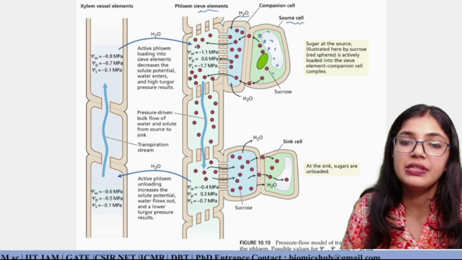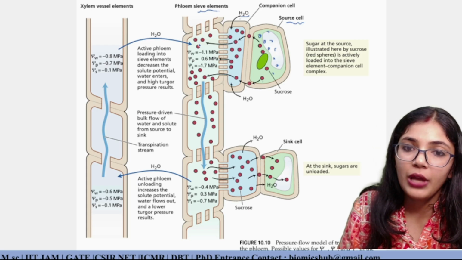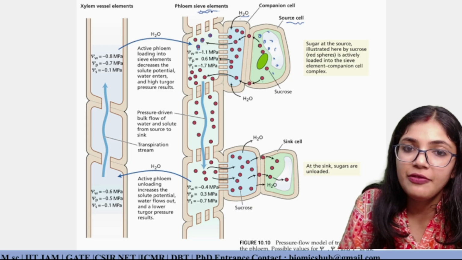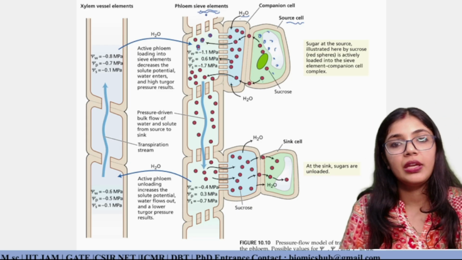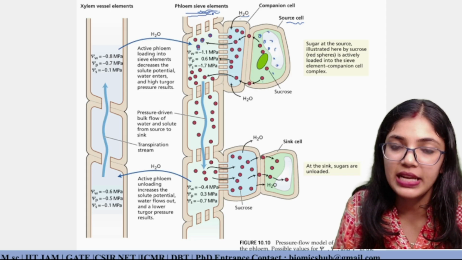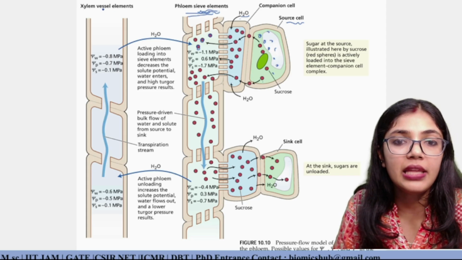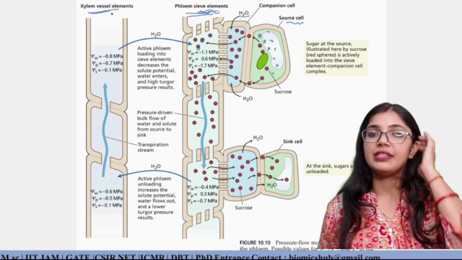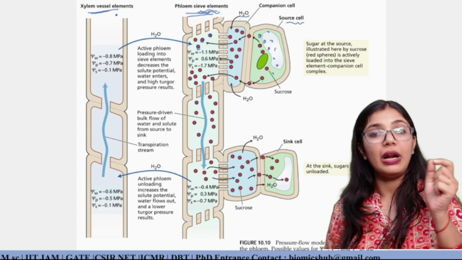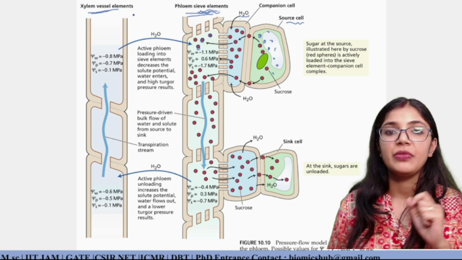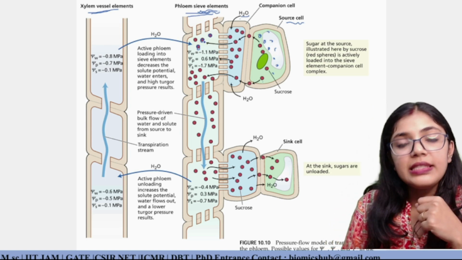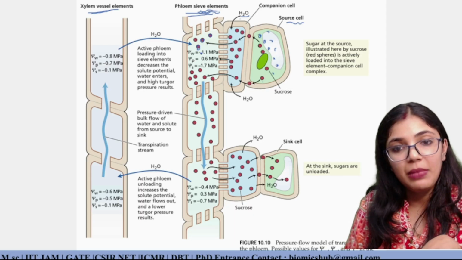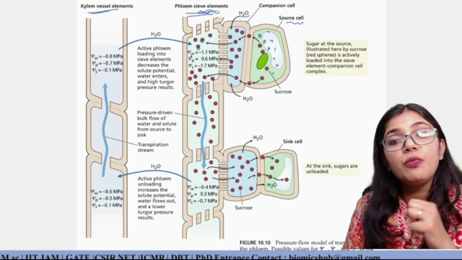Now here the amount of solutes present in the sieve element will be more. Here we can see the sieve element, and here there is the xylem vessel. The xylem vessel is the part from where water is transferred to different parts. As this portion has a high amount of solute, endosmosis can take place.